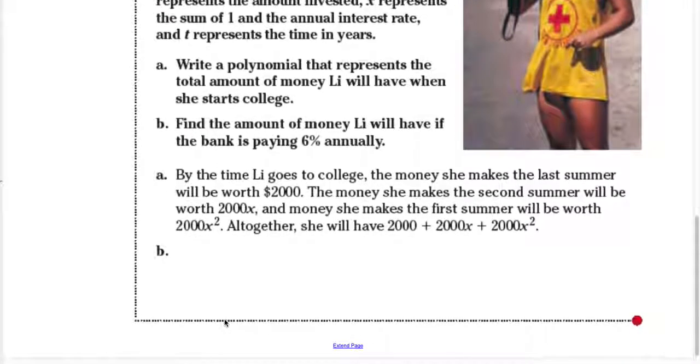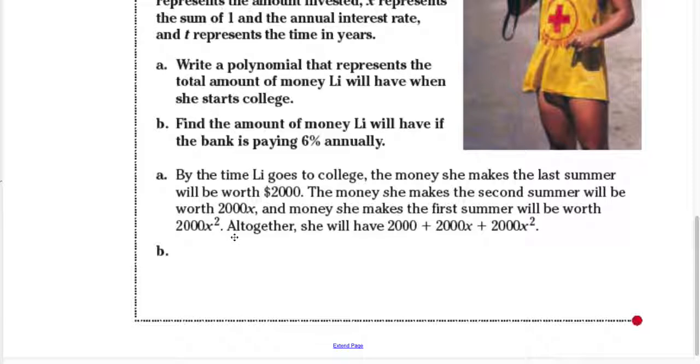By the time Lee goes to college, the amount of money she makes the last summer will be worth $2,000. The money she makes the second summer will be worth 2,000x. And the money that she makes the first summer will be worth 2,000x squared.